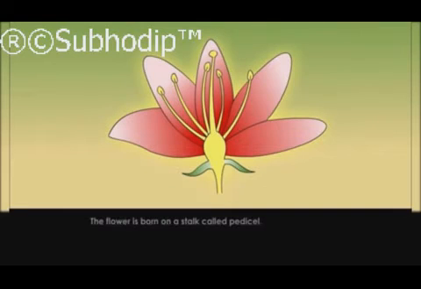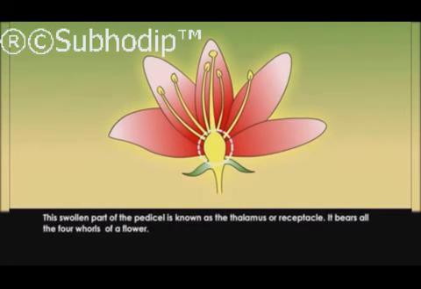The flower is borne on a stalk called pedicel. The uppermost end of the pedicel is swollen. This swollen part of the pedicel is known as the thalamus or receptacle. It bears all the four whorls of a flower.